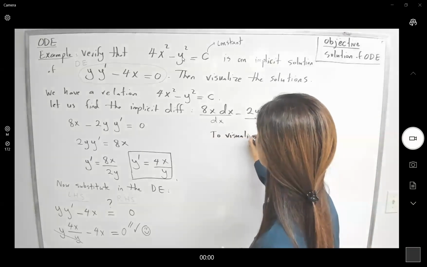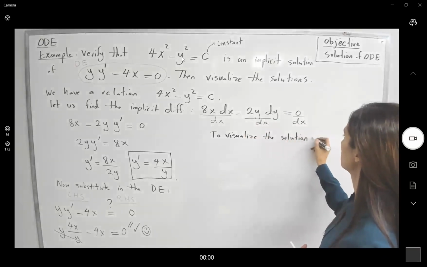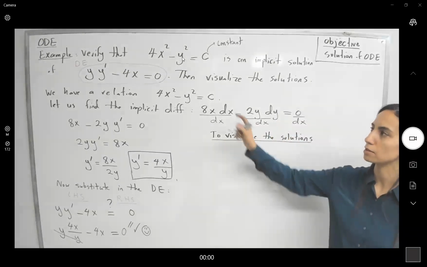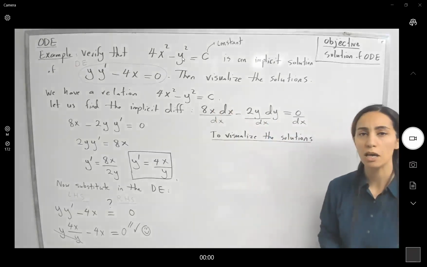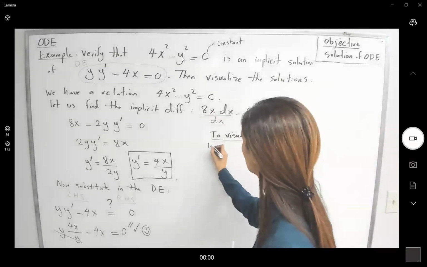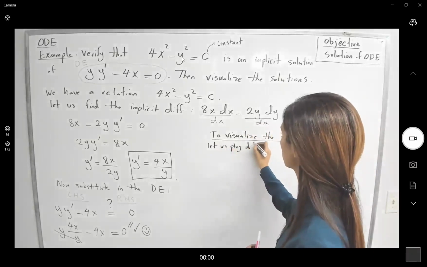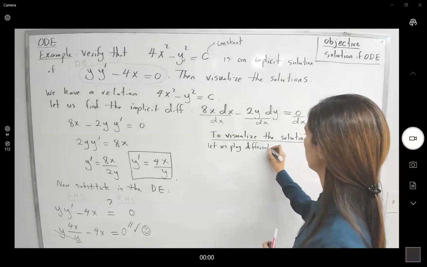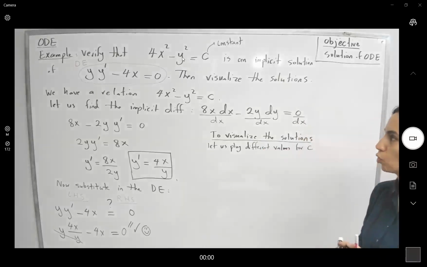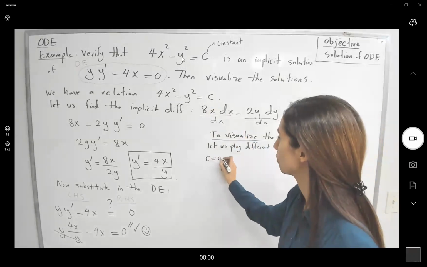To visualize the solution, we're going to plug in different values for c, and later on we're going to use technology. Let us plug in different values for c. Okay, c can be 0, all right?